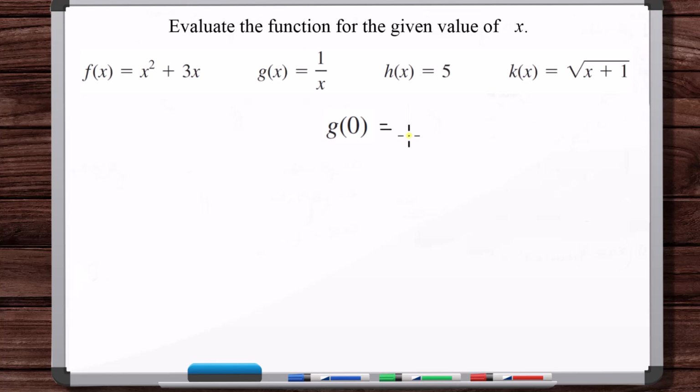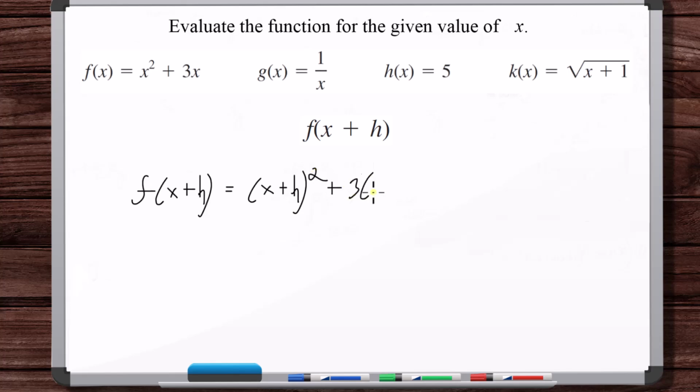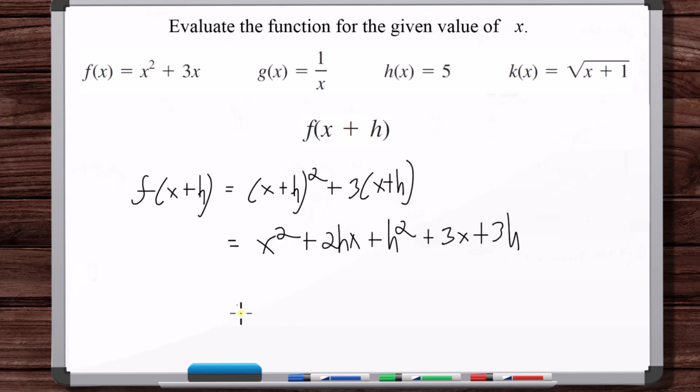Okay, g of 0, so 1 divided by 0. No, there's no output here. The function doesn't exist here. Okay, f of x plus h. So we can simplify this. x squared plus hx plus hx plus h squared plus 3x plus 3h.